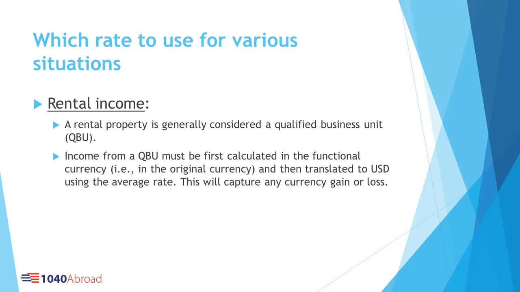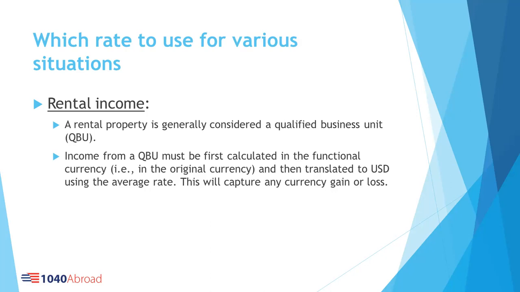Right, then we'll introduce the concept of QBU, Qualified Business Units. So it's not necessarily a legal entity. In the case of rental income, it would not be a legal entity, but it is an activity for which you have a separate set of books. You're doing your bookkeeping for that activity.